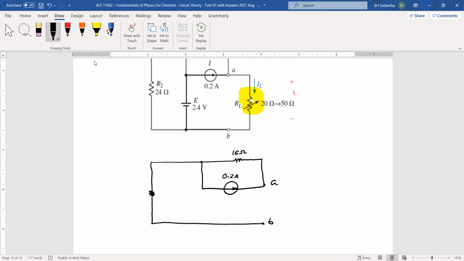Point B. 2.4 volts. This is 24 ohms resistance.